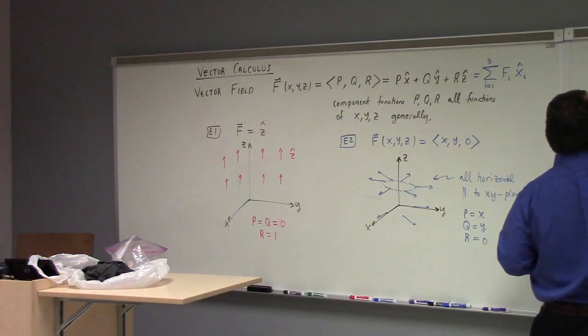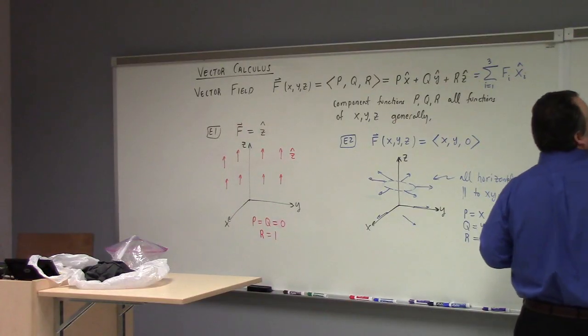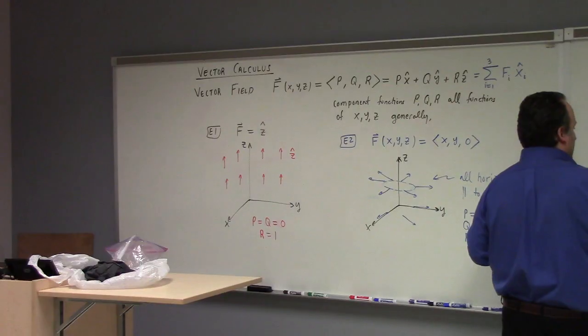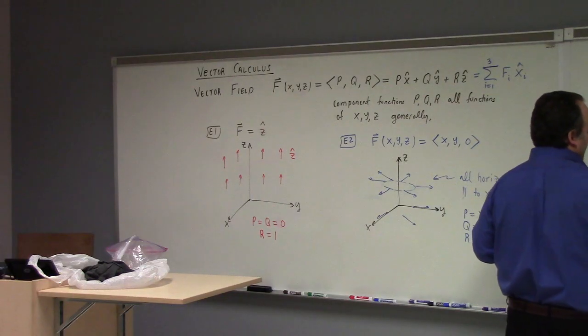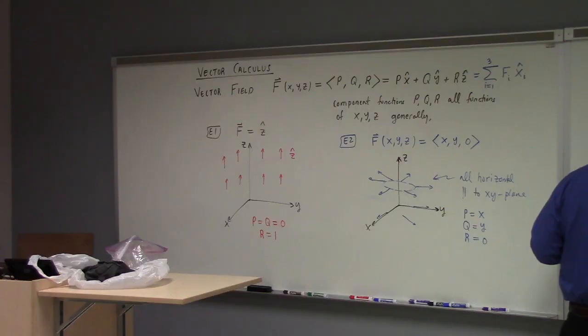We could look at F of x, y, z equal to, let's say, x, y, z divided by the square root of x squared plus y squared plus z squared.